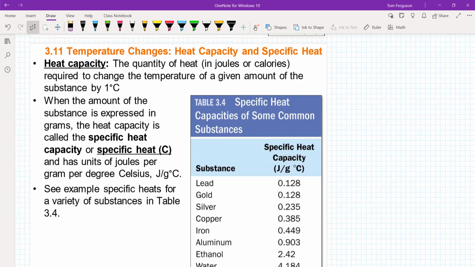For example, if you have a glass of water and a glass of feathers, which retains more heat, the water or the feathers? Water. So water has a higher heat capacity than the feathers. In fact, water is really unique because it retains a lot more heat than other things similar to it.